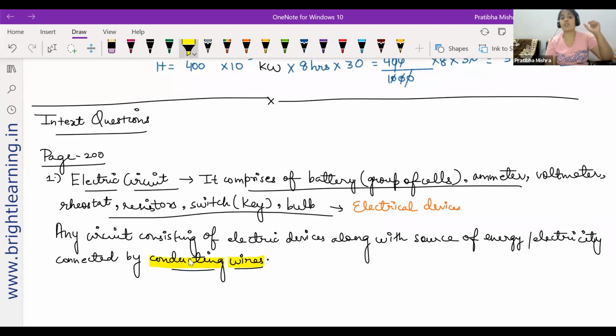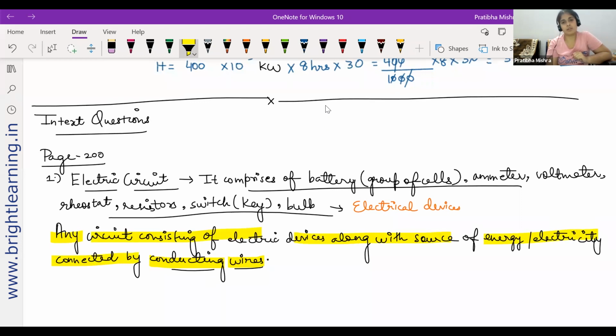So you need to make sure that the flow of electrons takes place. Flow of electrons will induce charge. Charge will induce electricity. So please write down your answers in such form. This whole thing is your answer.